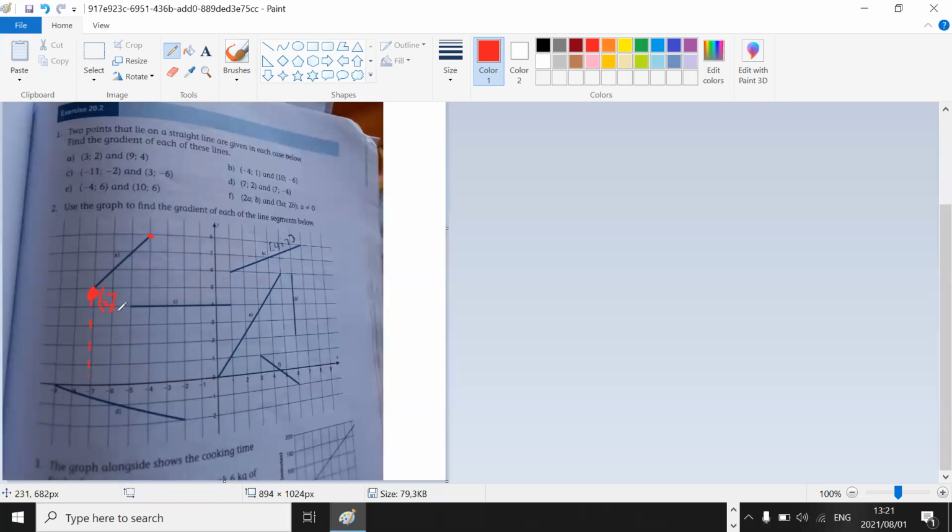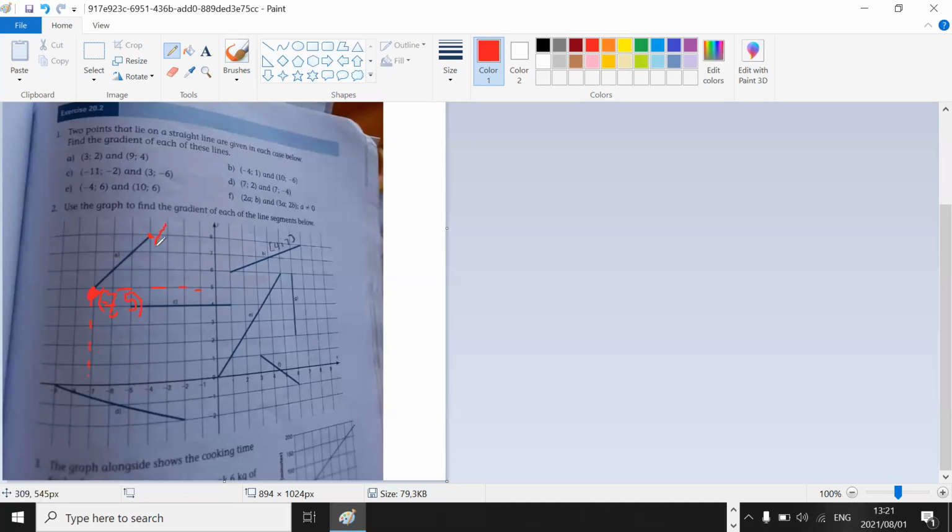We also have to find the y value. How do we find the y value? We find it by going in this direction and checking where this point is aligned to. It's aligned to +5. Yes, definitely. So we were able to get the coordinate of the first point.